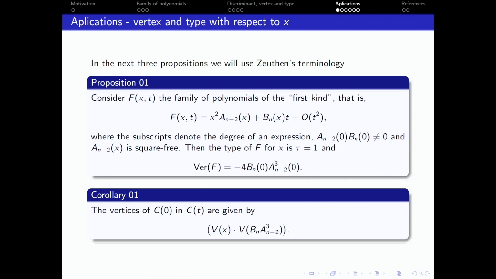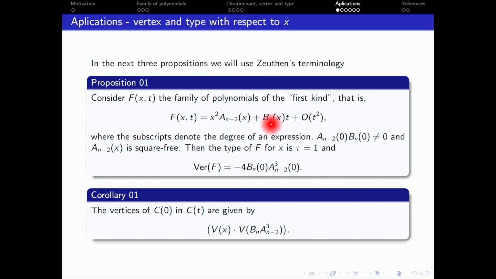Now we compute some vertex and type with respect to some component of the special fiber and give the interpretation as zero cycle. We consider the family of the first kind, a terminology used by Zoyfen in that article that I had mentioned before.